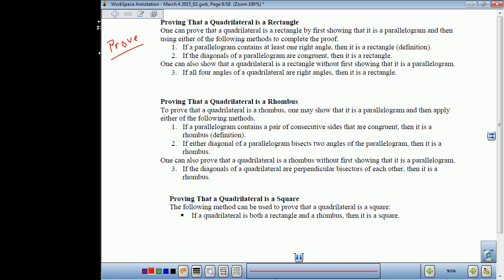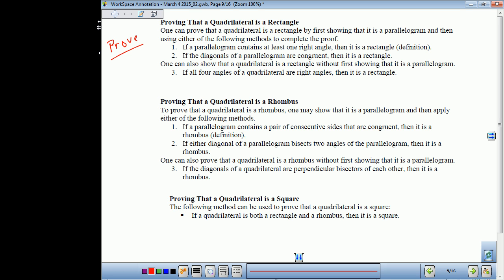Opposite sides parallel, 2 pair of opposite sides congruent, 2 pair of opposite angles congruent, 1 pair of opposite sides congruent and parallel, diagonals bisect each other, and then the 6th one was 1 angle is supplementary to both consecutive angles. Okay, so those were our 6 choices for a parallelogram.